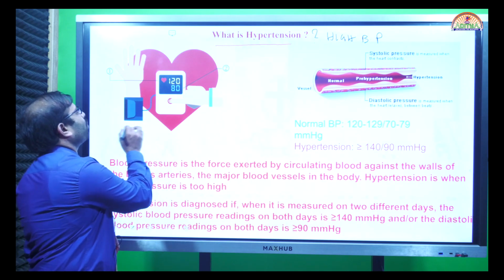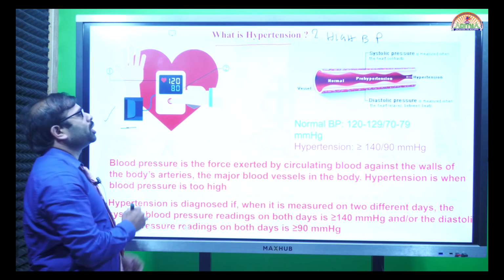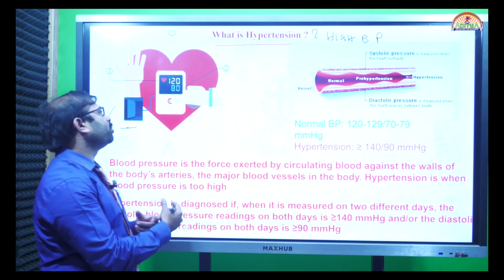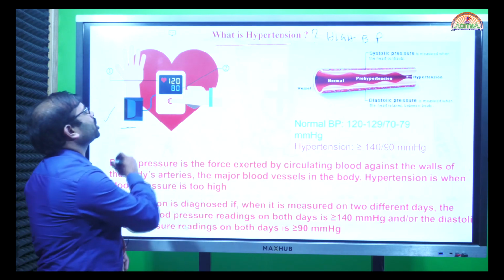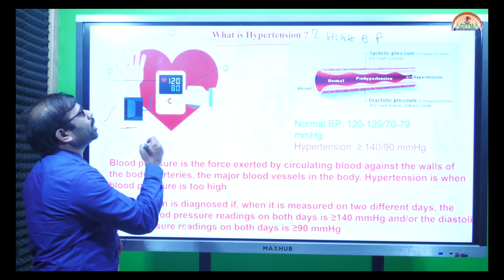It's a very well known, very famous setup. They tie on this blood pressure checking machine and check your blood pressure.